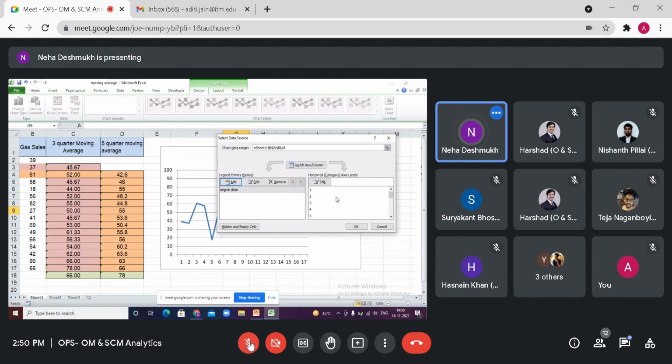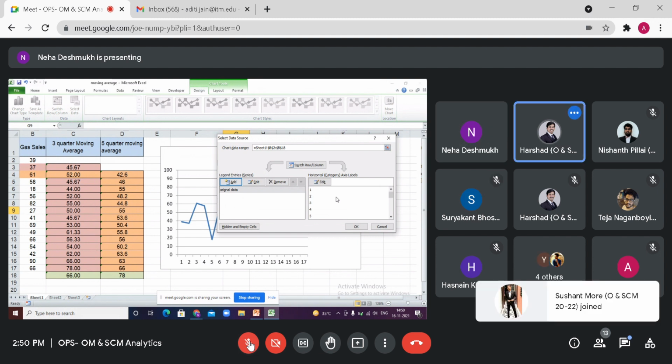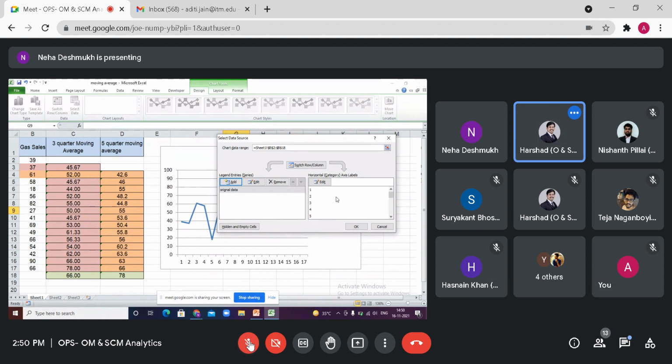Yes, done or not? Or should I repeat it? But in my chart, it's showing a straight line. Why?